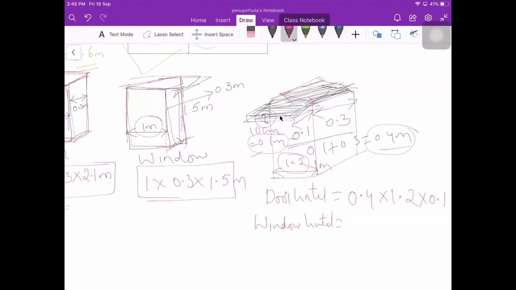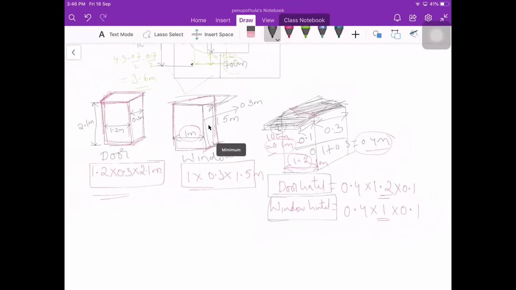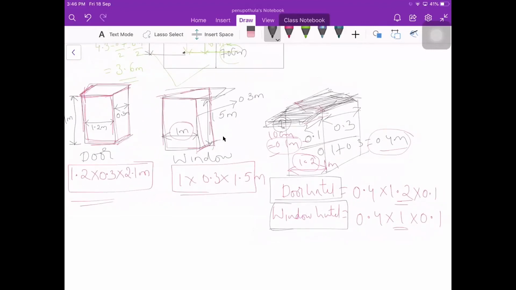So only the change is, instead of 1.2 meter, here it is 1 meter multiplied by 0.1. So this is the window lintel deduction, and this is the door lintel deduction. Did you understand that, or is there any problem? I think everyone is clear with it.